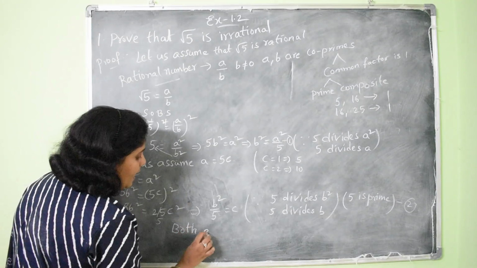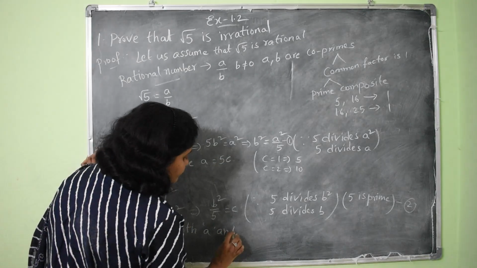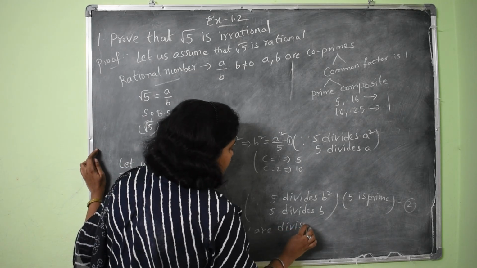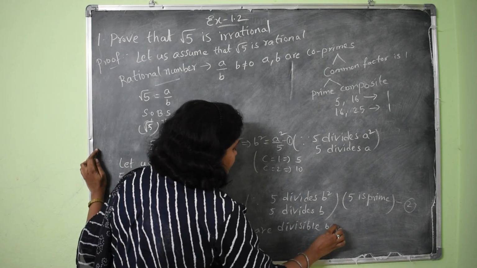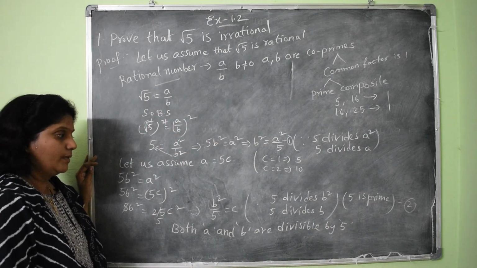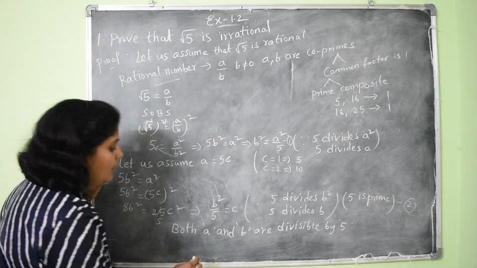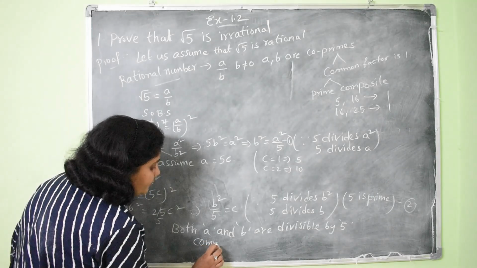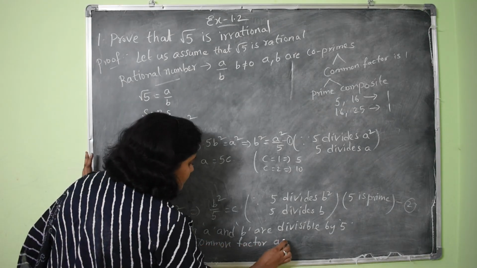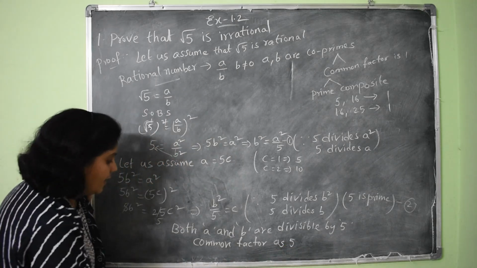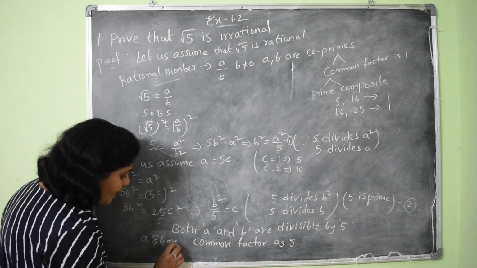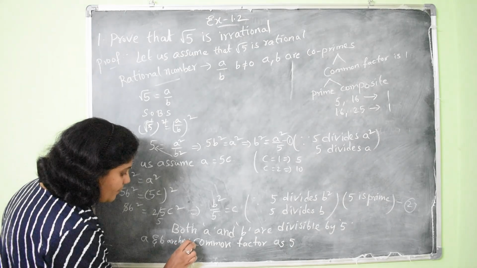So if both a and b are divisible by 5, it means both are having common factor as 5. Both a and b are having common factor as 5.